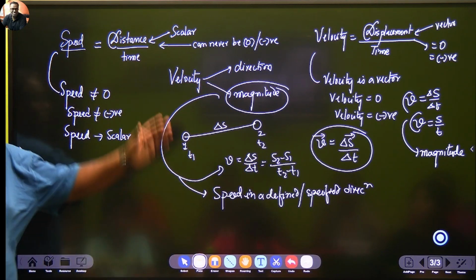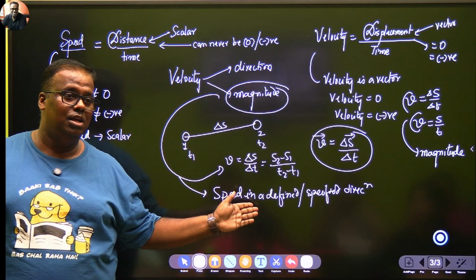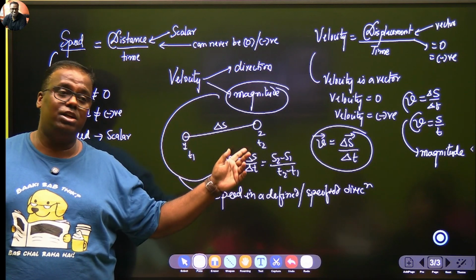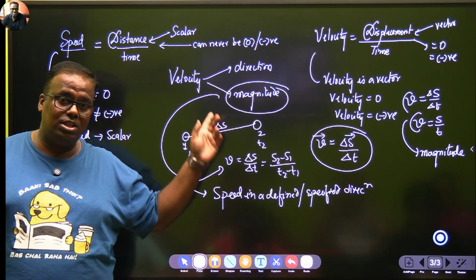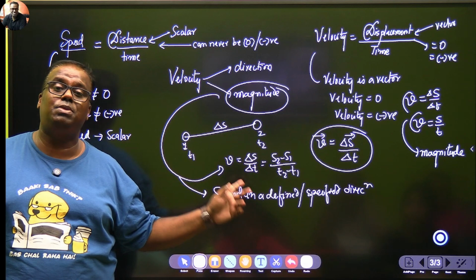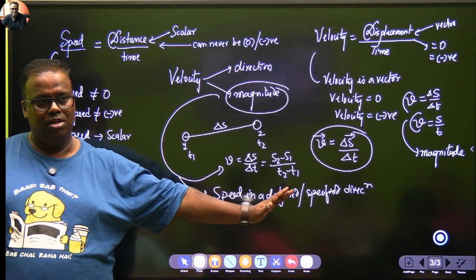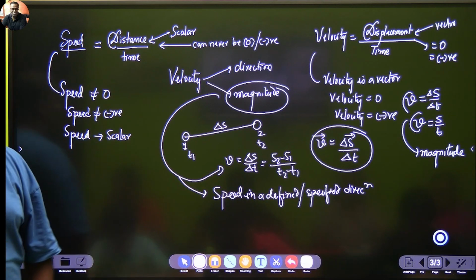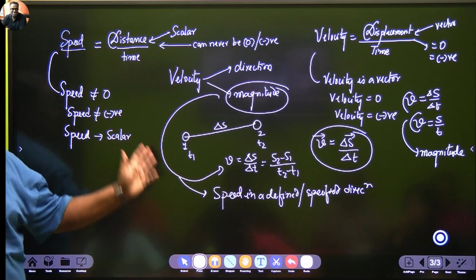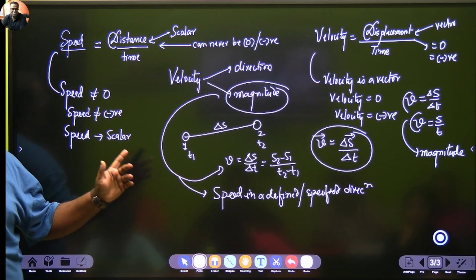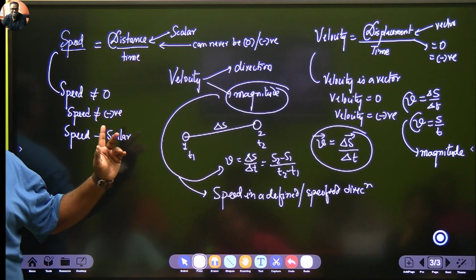Can you say that velocity is the same as speed? Well, for the same journey it may not be, but velocity's magnitude is the same as speed in a defined direction. Have you understood? In a problem, if you are told to calculate speed and you are given displacement, that means you are calculating velocity's magnitude.